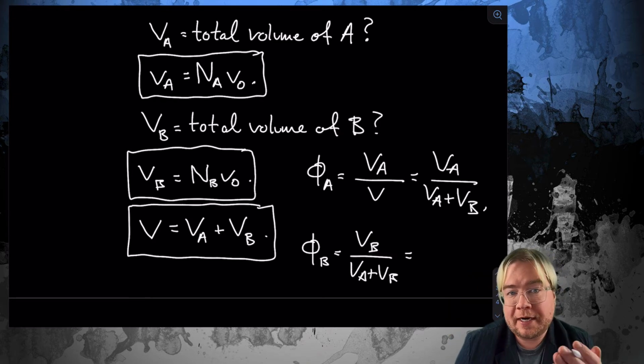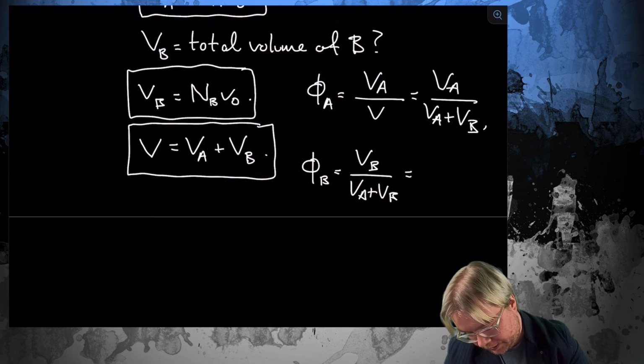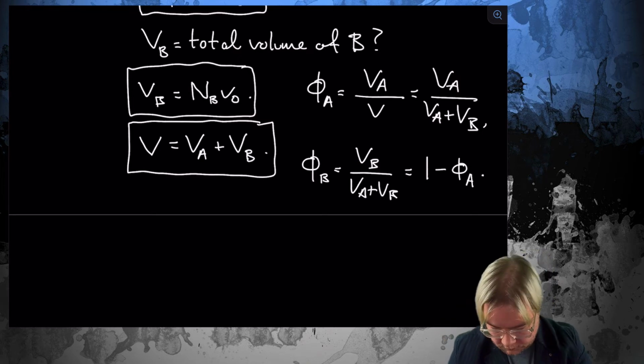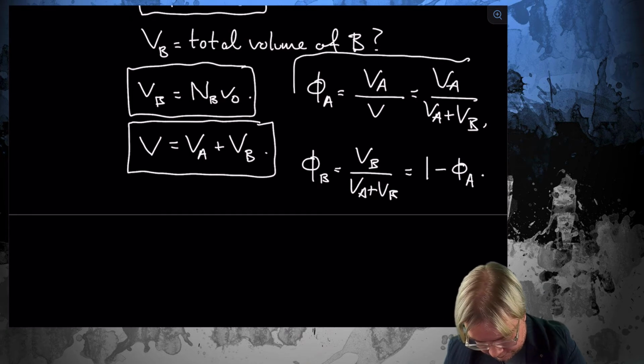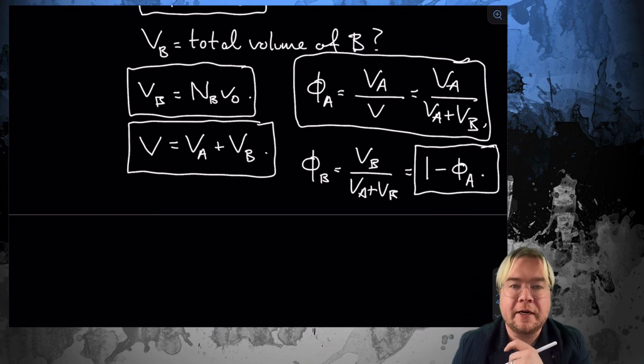And because the volume fractions have to add up to 1, right? You have to have 100% of your stuff. Then the volume fraction of B can also be written as 1 minus the volume fraction of A. So we've got this defined, and we'll just use this for the volume fraction of B.